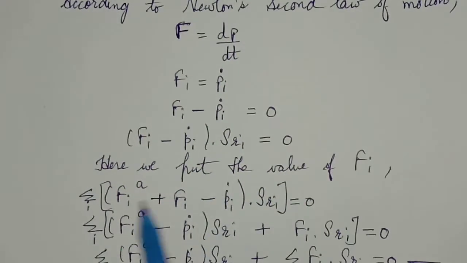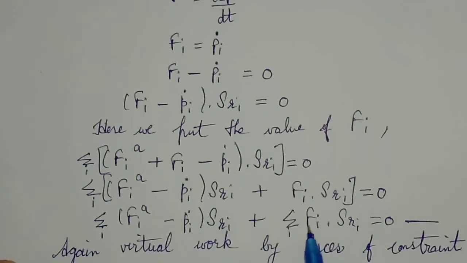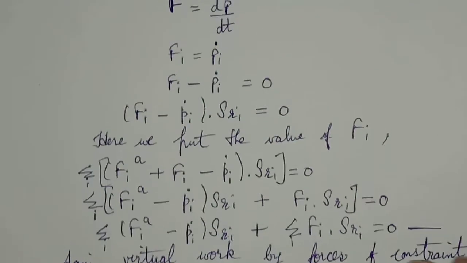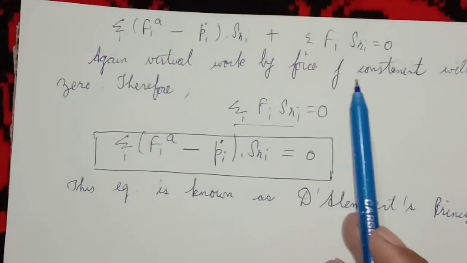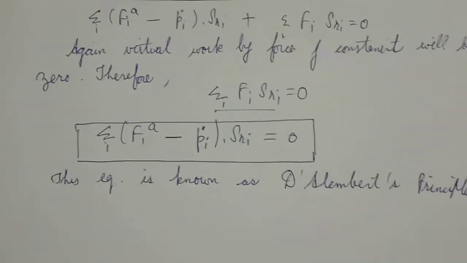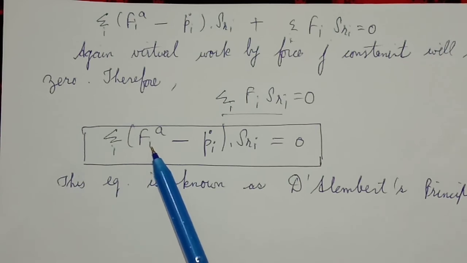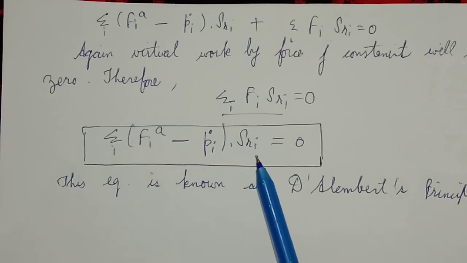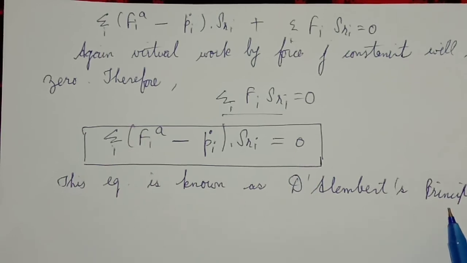Then separate Fia minus Pi dot, that means applied force and change in momentum, and the constraint force. Then again virtual work of the constraint force will become 0. So this equation again becomes 0. So again virtual work by the force of constraint will be 0. Therefore we get the value of summation i Fia minus Pi dot dot delta Ri is equal to 0. So this equation is known as D'Alembert's principle.